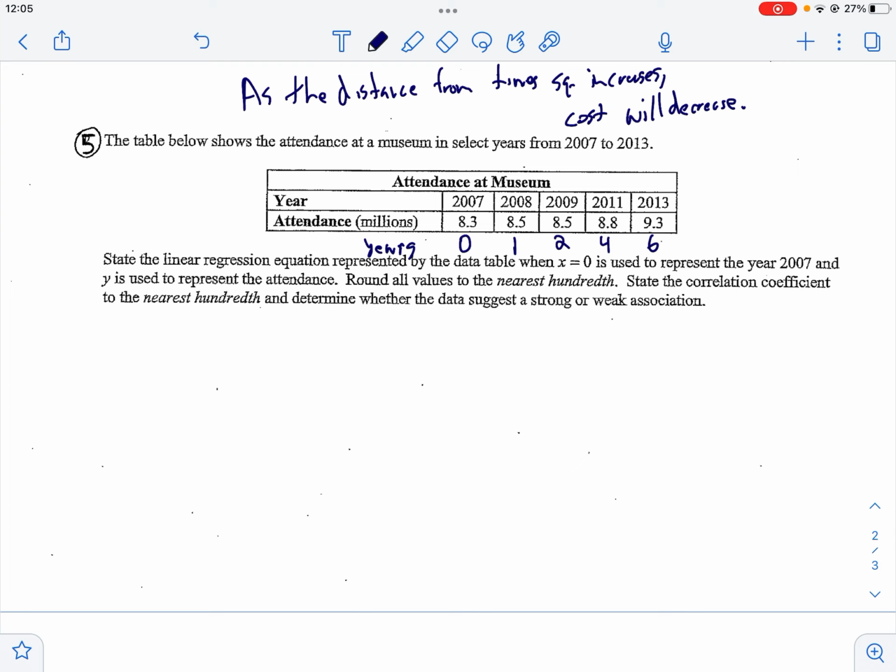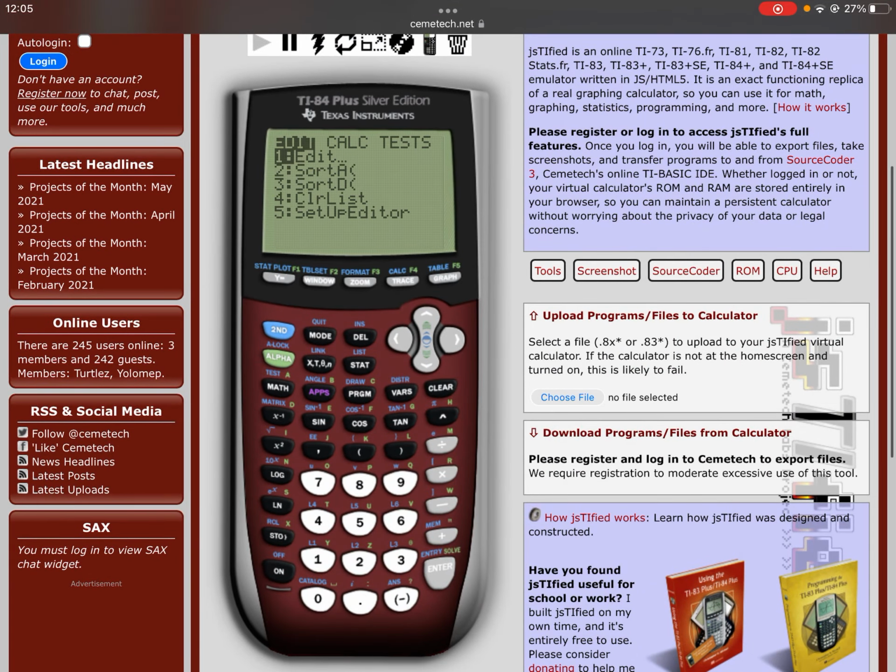I'm not going to put in 2007, 2008, 2009, and so forth. All right, so here we go. 0, 1, 2, 4, 6. If we go into stat, one tip, you can clear out all the data from a list by going up to the top and pressing clear. So for list 1, we had 0, 1, 2, 4, and 6.